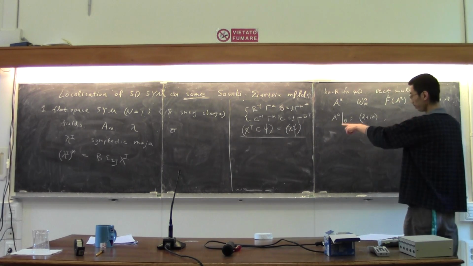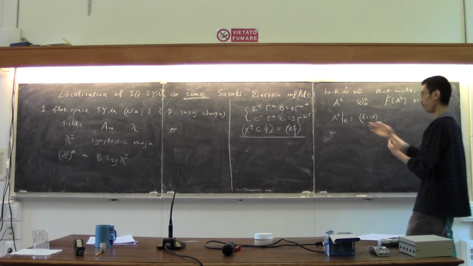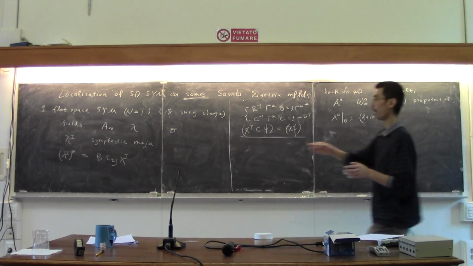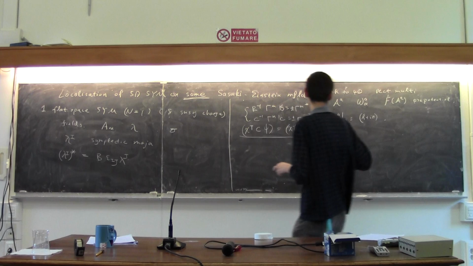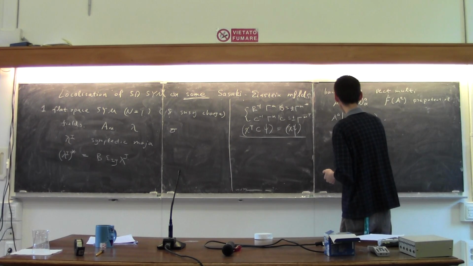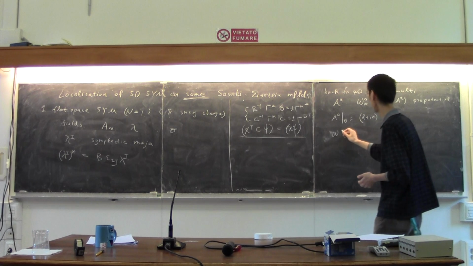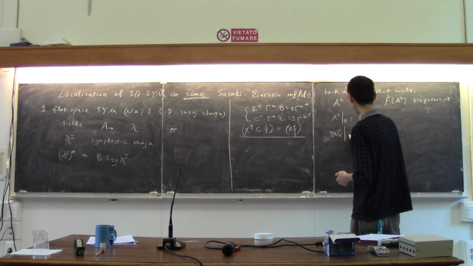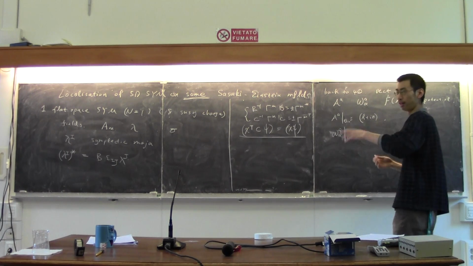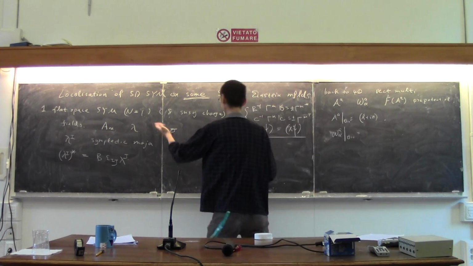And then the next component of this superfield is half of the fermion, half of this guy. And then the next one, of course, is the auxiliary field. And then for this W, its leading component is the other half of this fermion.